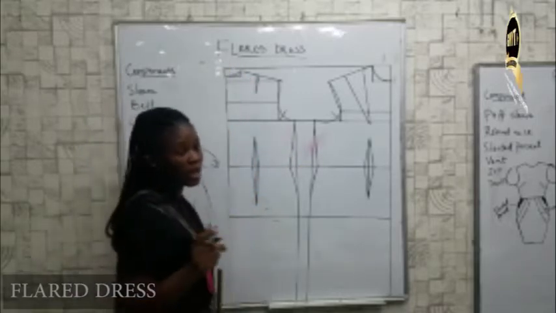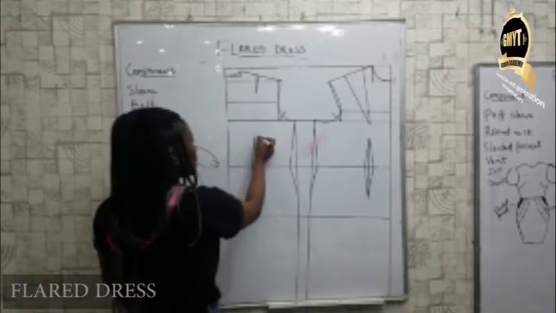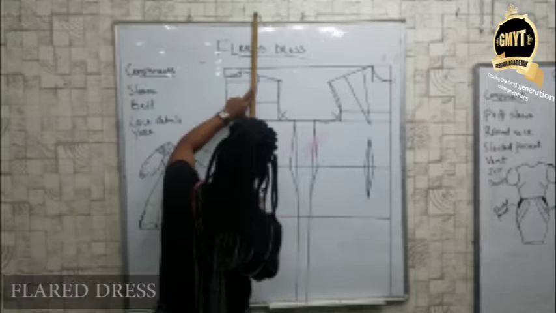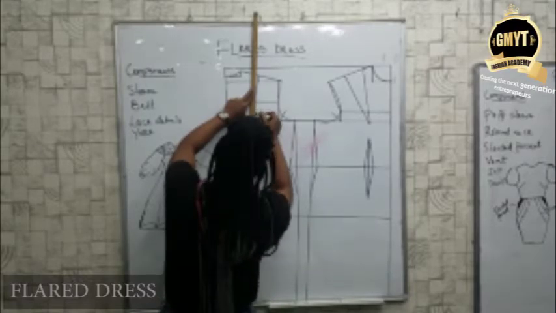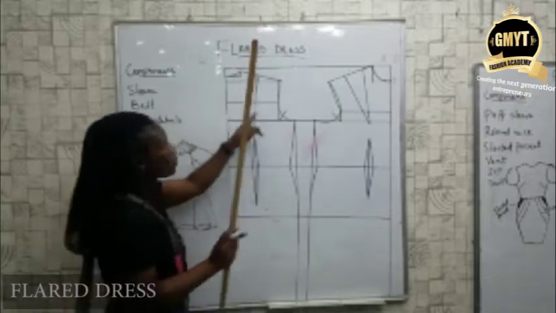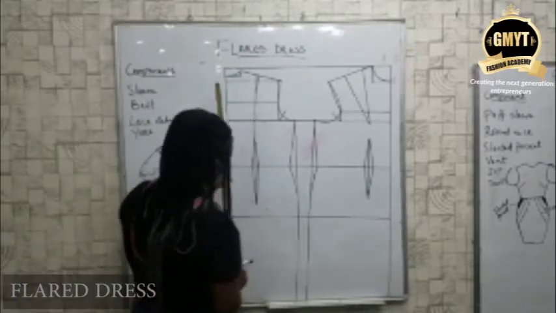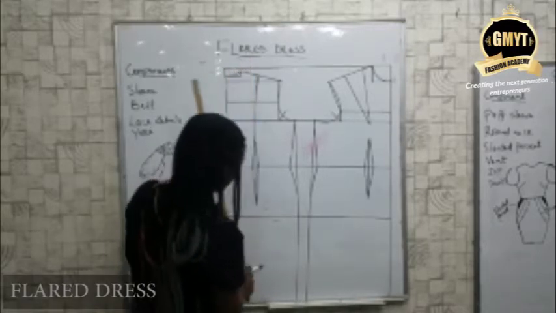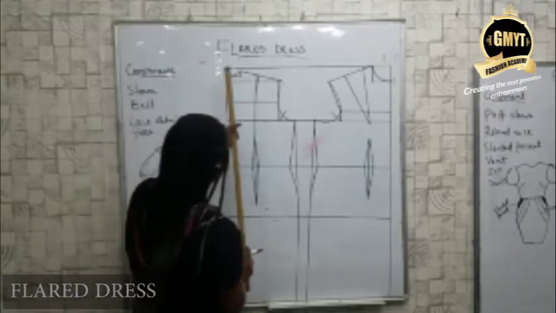All I need to do now is to extend this my back shoulder dart and let it connect to the waist dart. Like that. Then the next thing to do is to extend my waist dart to the hem area.